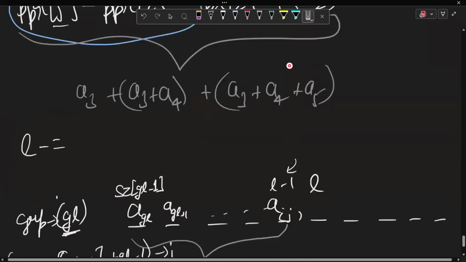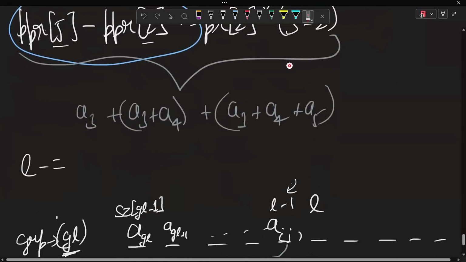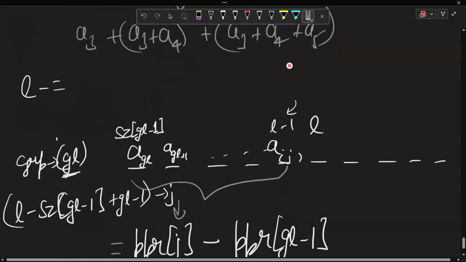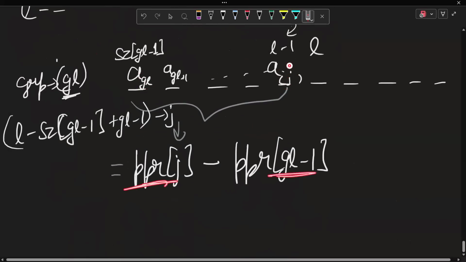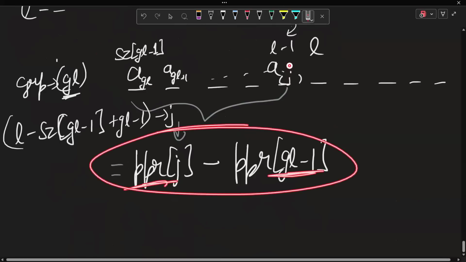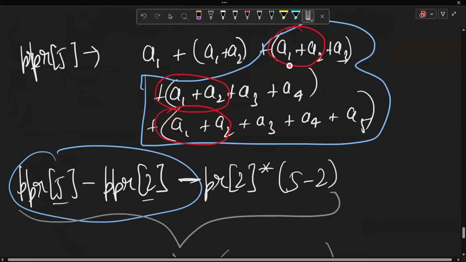So what I did here is, if I wanted to compute the sum from A3 plus A3 plus A4 up till A3 plus A4 plus A5, I'm taking PPR of 5 minus 3. So what was that? PPR of this index minus this minus 1, so PPR of J minus GL minus 1. This is what is going to give me this sum.